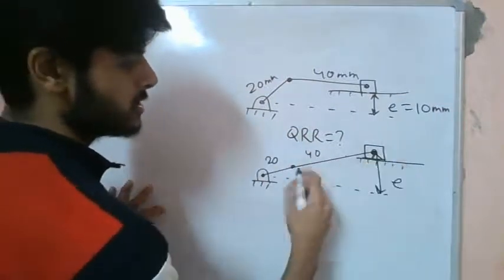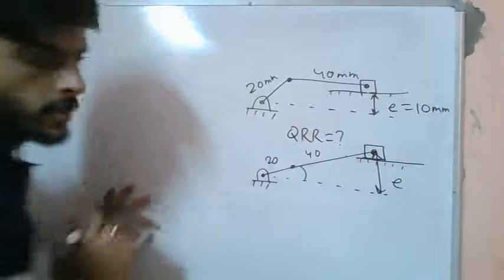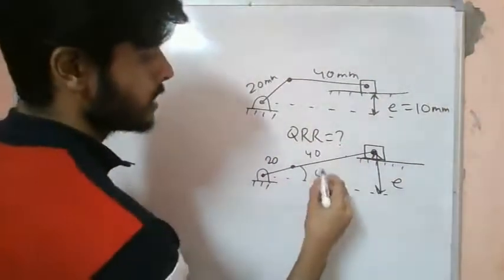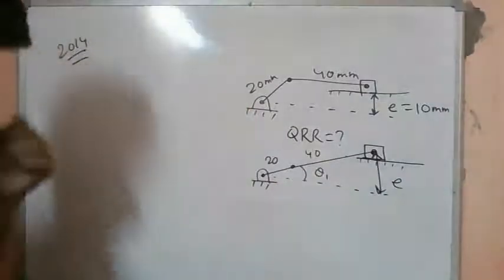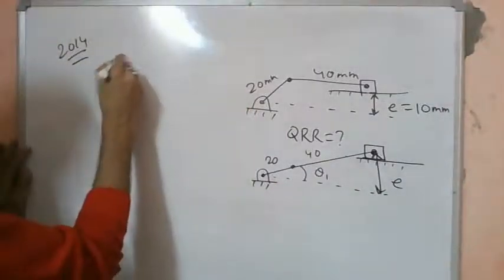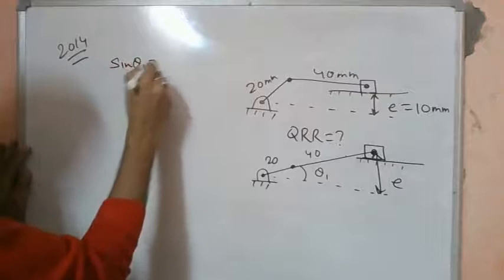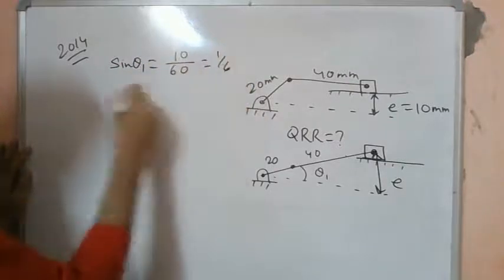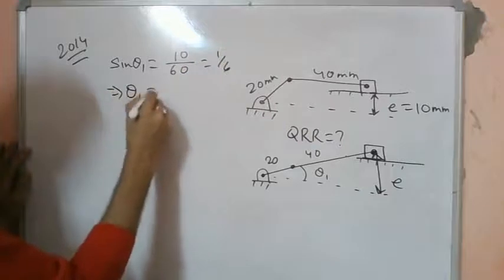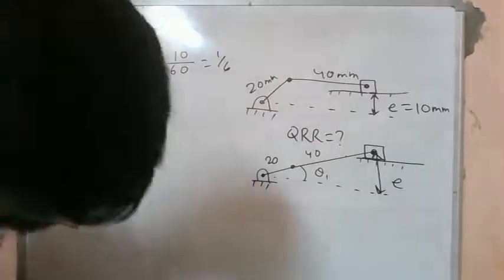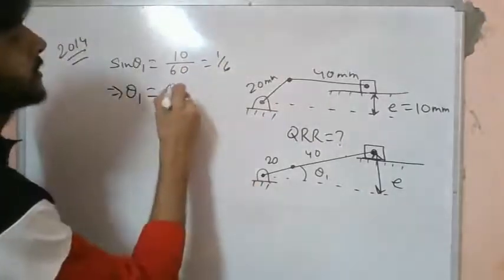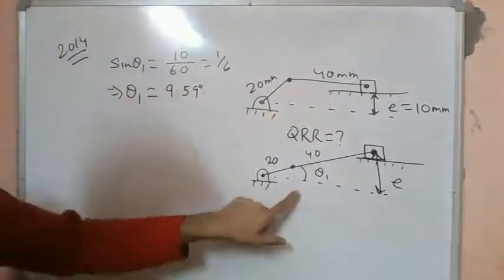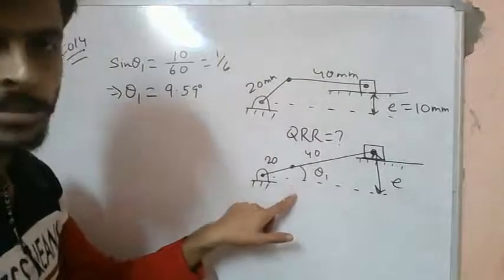How much is this angle? Let's say this angle is theta 1. So we have sine theta 1 equals 10 divided by 60, which gives 9.59 degrees. Okay, so this is the first extreme position.